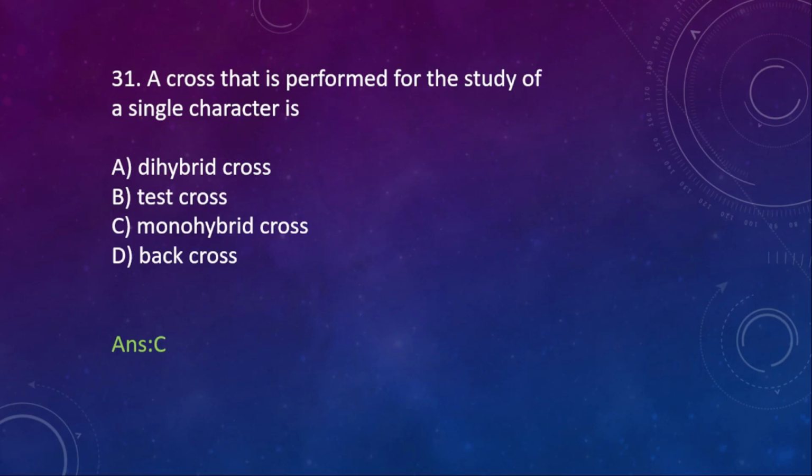What is test cross then? It's a cross used to determine an organism's genotype by breeding it with a homozygous recessive individual. Next, what is back cross? A cross between an offspring and one of its parents, or an individual genetically identical to the parents.